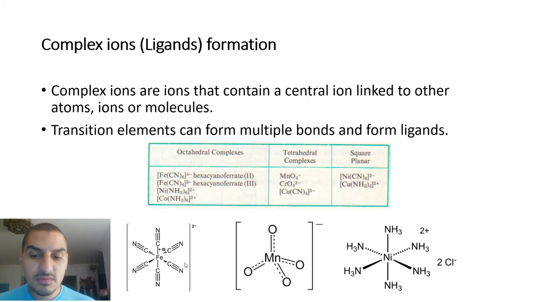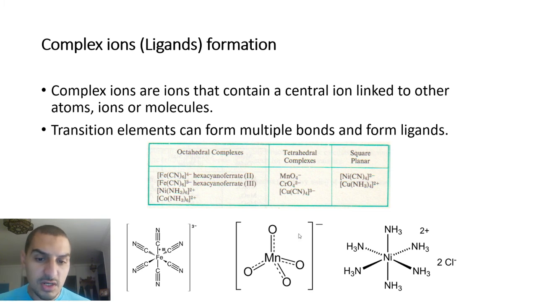And that's why in this case they take what's called the octahedral. It's like the iron atom is in the center of a cube, and each one of these cyanide groups is located at one of the vertices. And that's why we call it the octahedral complexes.